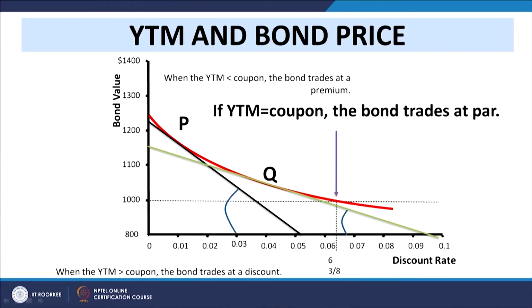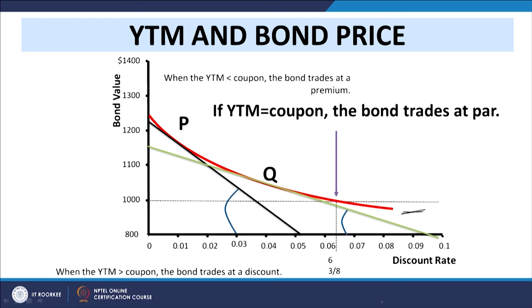As you can see here, there are certain interesting observations in this particular diagram. The first thing is very clear. This is the original graph, the red line. The red line clearly shows that YTM and price are inversely related. YTM increases, price decreases.